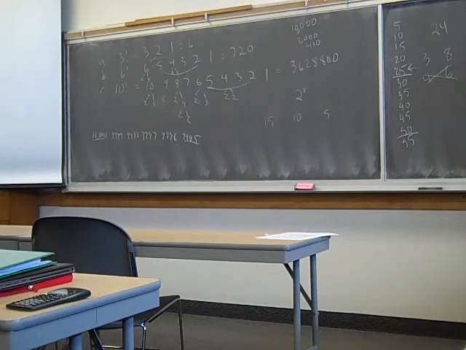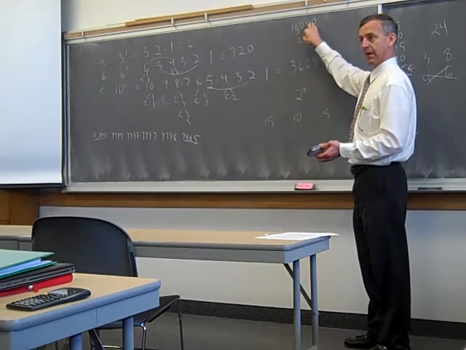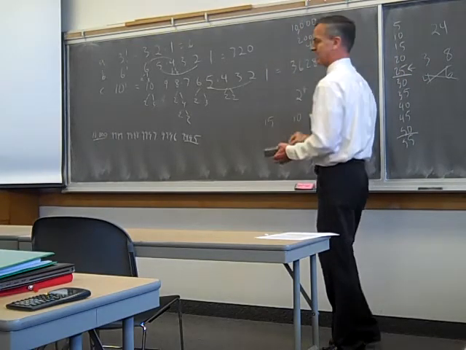Does that make sense? So I'm going to have 125, and then the next ones: 250, 375, 500, 625, 750, and so on. How many multiples of 125 are there? 80. Well, we take this and divide it by 125, and that will be 80 of those.